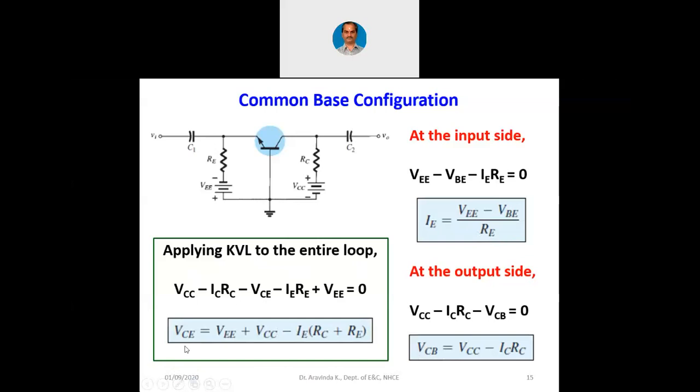So VCE is VEE plus VCC minus IE into RC plus RE, equating IC and IE because they are approximately same. We can have an expression for VCE in this manner. Now using this particular DC analysis, let us solve one exercise.